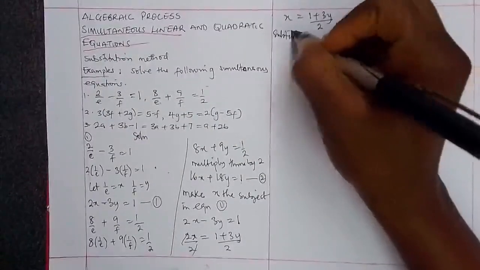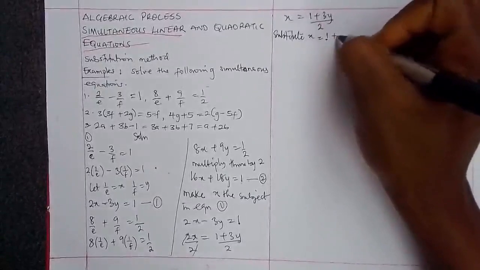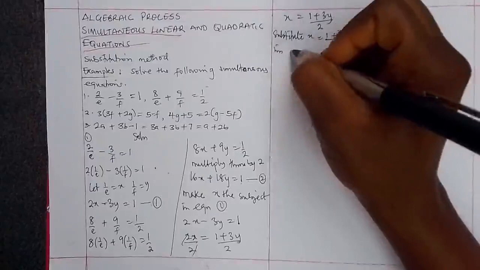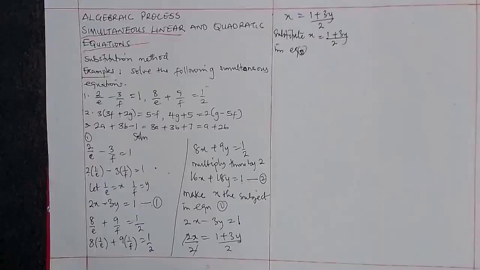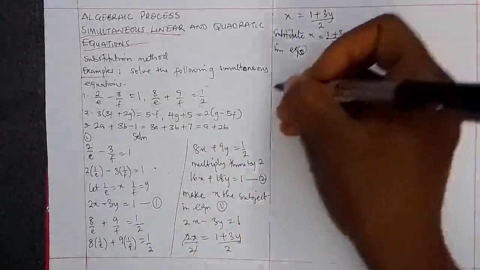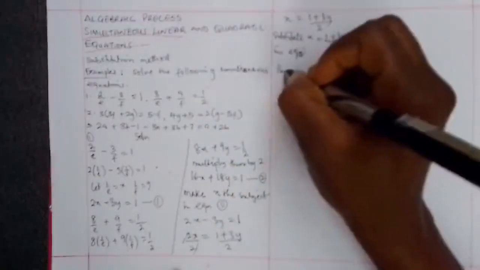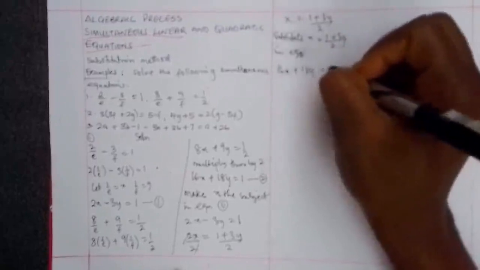Substitute x, this value 1 plus 3y over 2, in equation 2. Recall that our equation 2 here is 16x plus 18y is equal to 1.